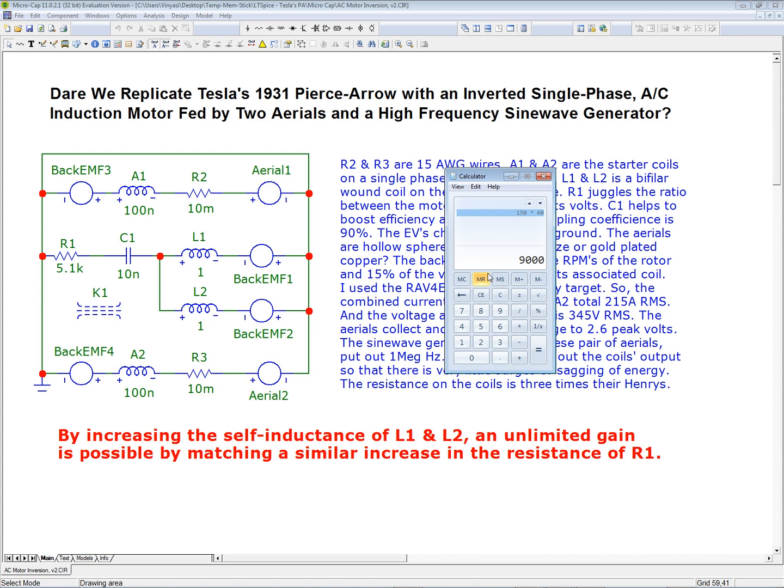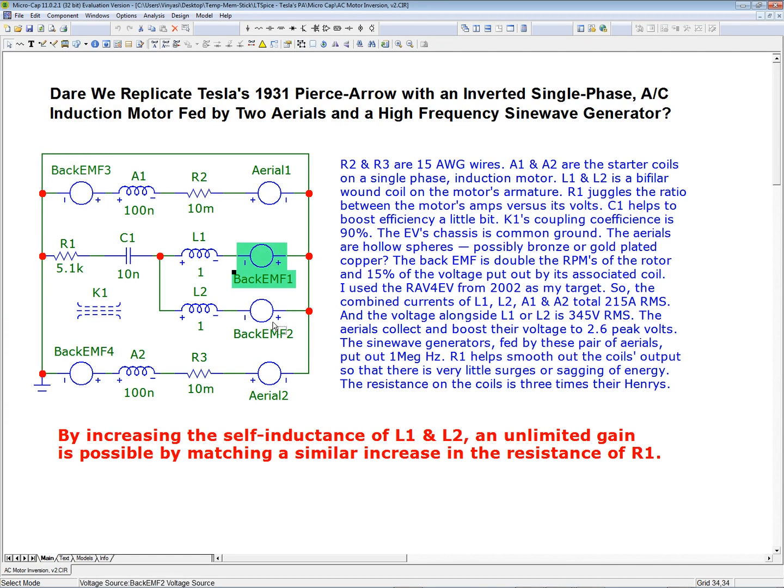So in case the motor should be under strain and rotate at 18,000, 18K RPMs, that would be 300 hertz. And that's what I put on all 4 back EMF sine wave voltage sources in the circuit simulation, turned around in reverse to everything else.